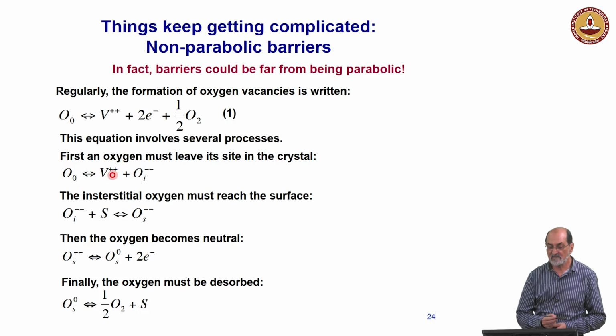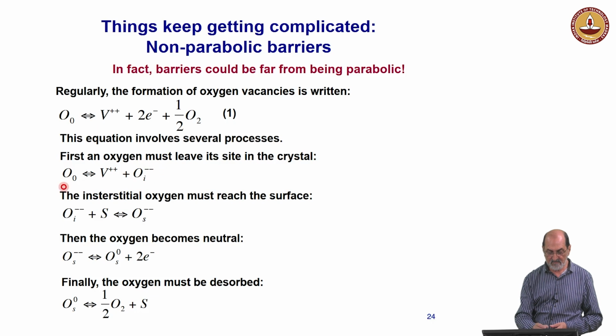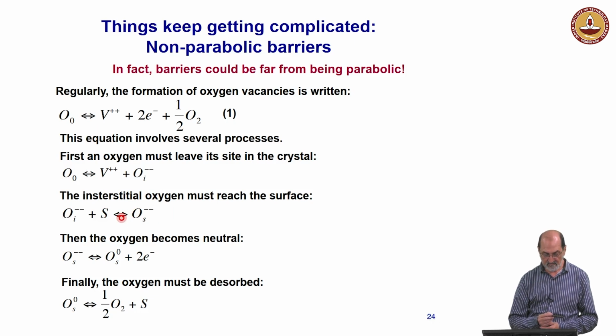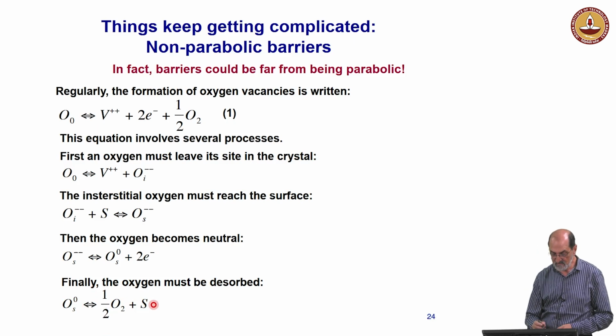The vacancy immediately ionizes, leaves 2 electrons, and the oxygen that leaves its place had to be an interstitial oxygen, which is doubly charged. That interstitial oxygen must reach the surface, and when it reaches the surface, it becomes surface oxygen, an ion absorbed on the surface, and then eventually that thing becomes neutral, and this neutral has to find another oxygen, and eventually dissolves, leaving the site free.